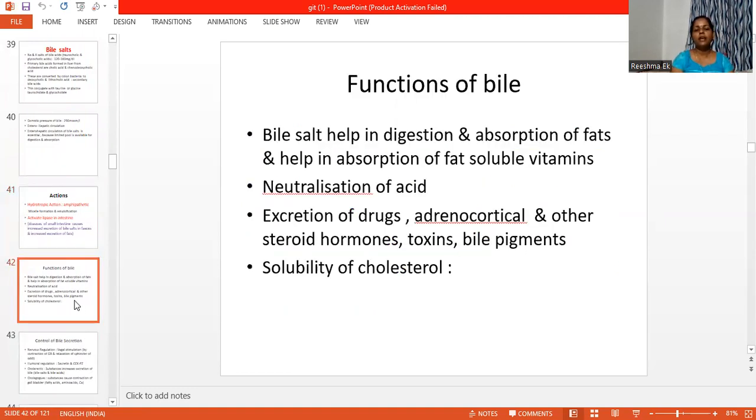Then functions of bile: bile salts help in digestion and absorption of fat and help in absorption of fat-soluble vitamins. Then neutralization of acid, excretion of drugs, adrenocortical and other steroid hormones, toxins, bile pigments, and solubility of cholesterol.